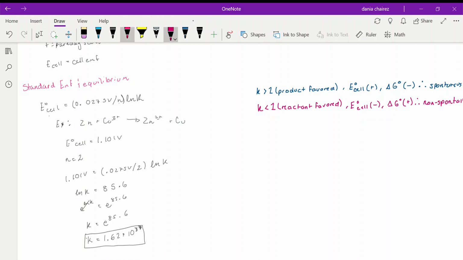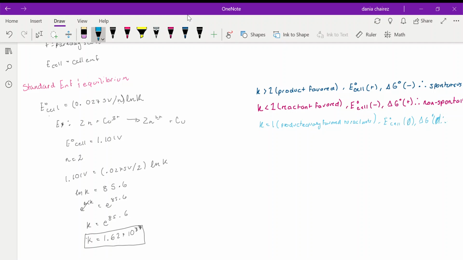And then finally, if K is equal to 1, product is equally favored to reactant. Our E cell is 0 and our delta G naught is 0.